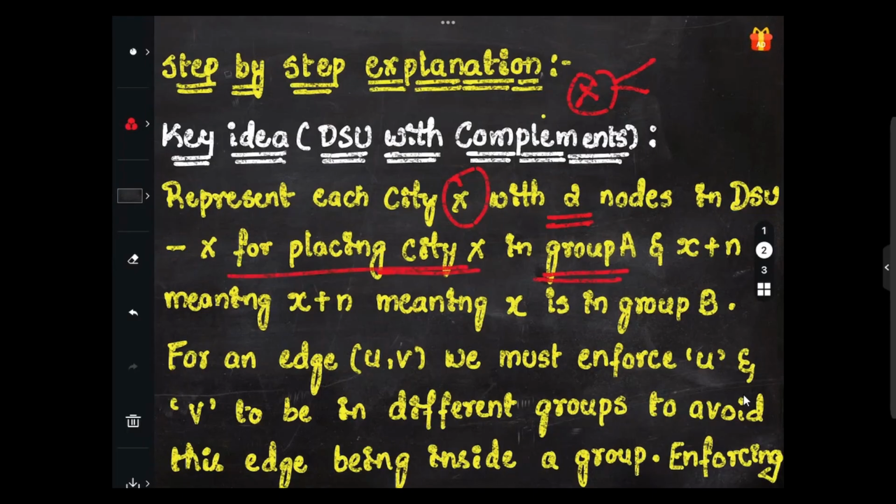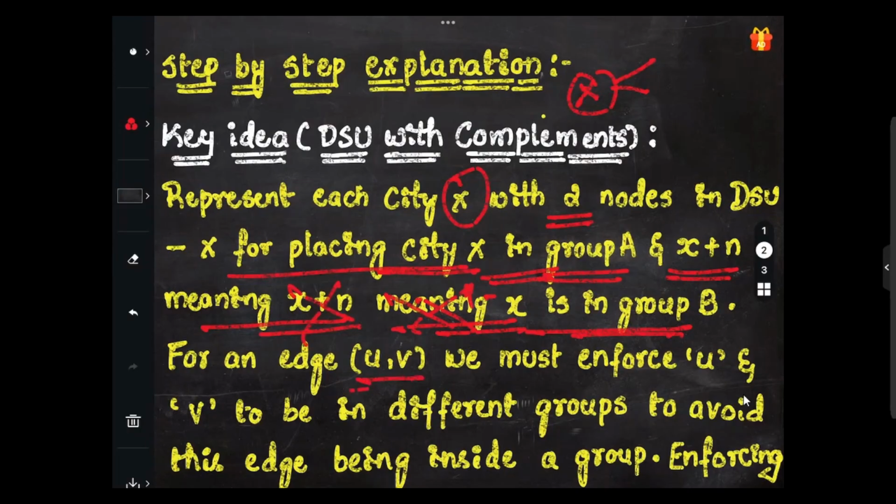X for placing city X in the group A, and another one is X plus N, meaning X is in the group B, right?